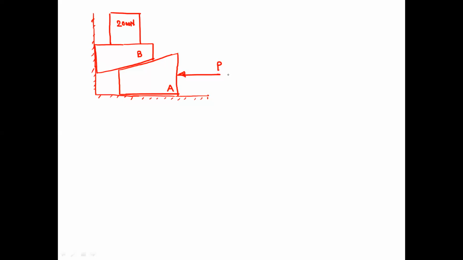Here in the problem, two wedges A and B are used to lift a machine part having the weight 2000 Newton. We have to determine the force P necessary to be applied to the wedge A so that we can raise the block, where the coefficient of friction is 0.25.